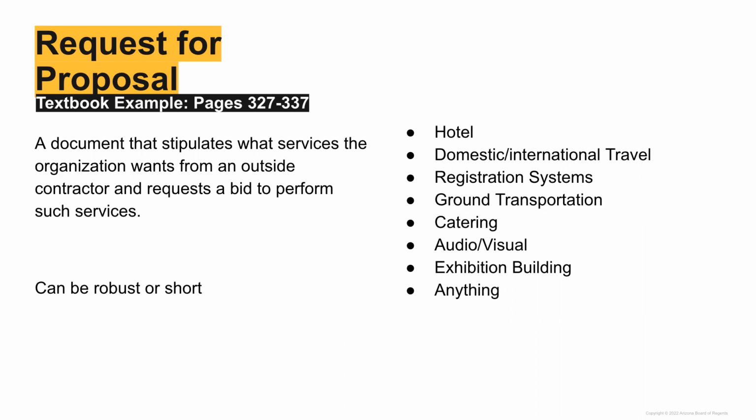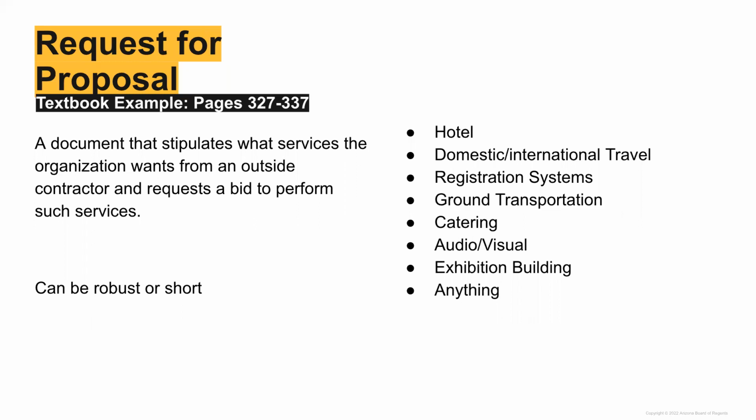An RFP can be very robust, meaning lengthy, as you see outlined in the book. It could also be short, just saying, can you please provide to me some information about your hotel, or can you please provide a proposal for a service?